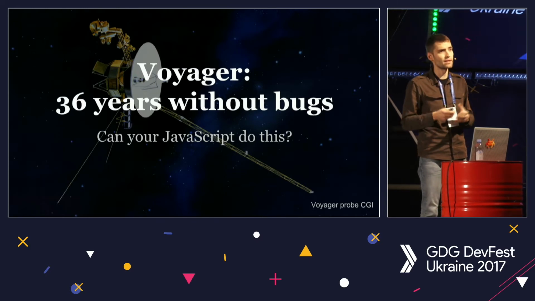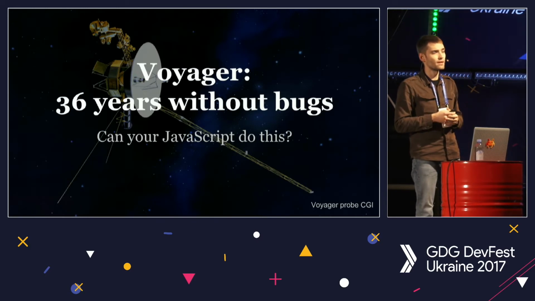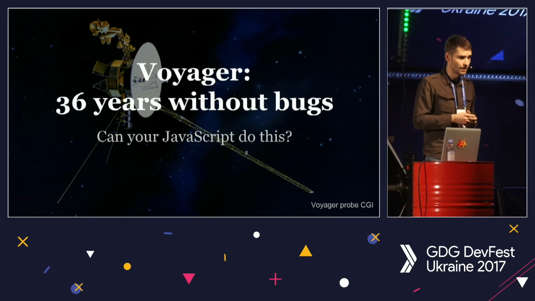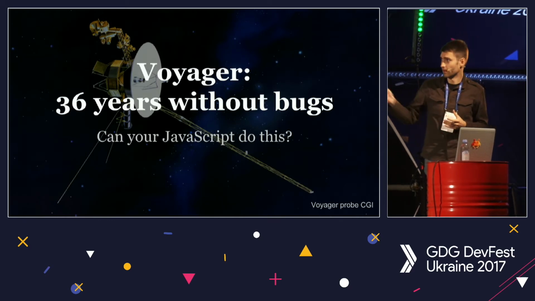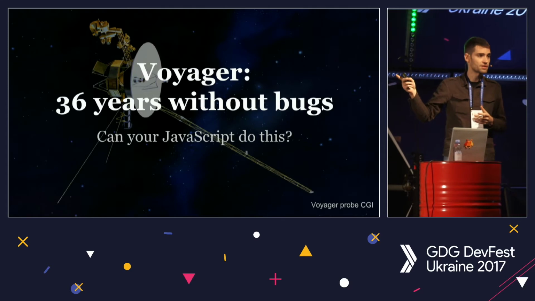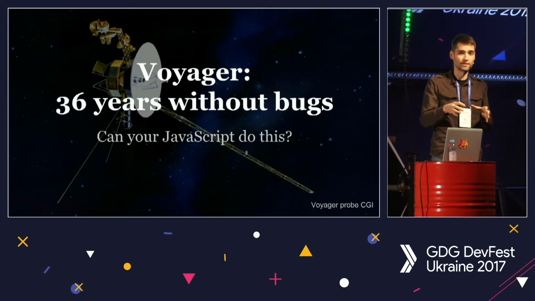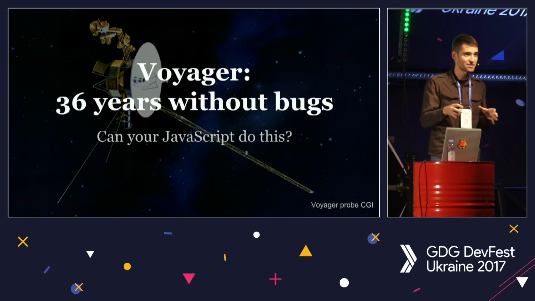It's actually not NASA, but JPL, the Jet Propulsion Laboratory, which does a lot of unmanned missions for NASA. It's actually very cool. This thing, Voyager, is flying 36 years with the software running for 36 years. Can your JavaScript do the same?